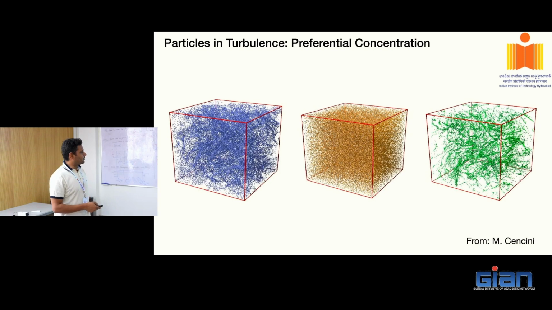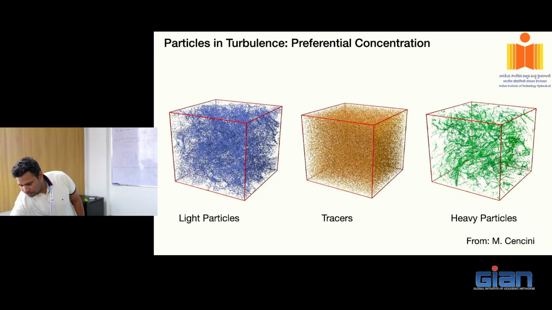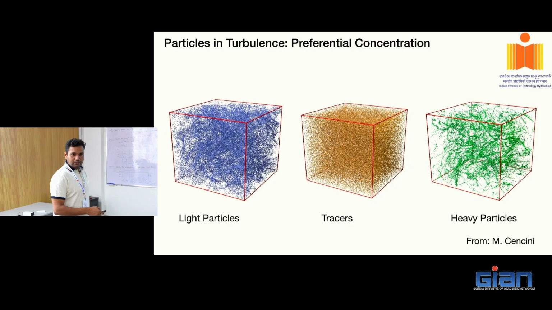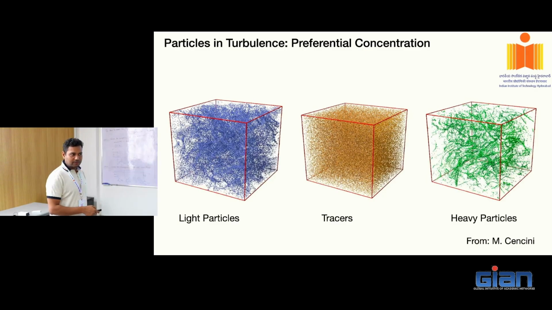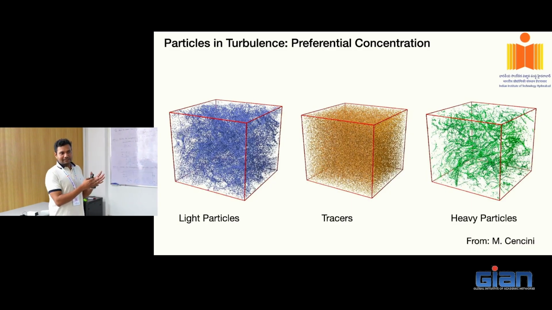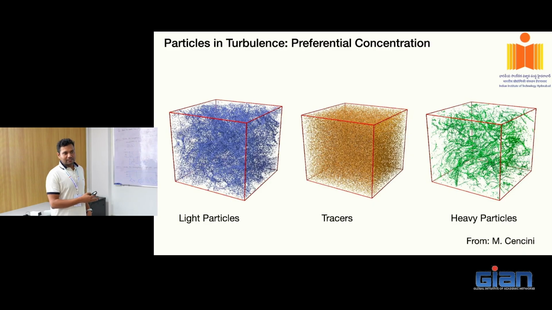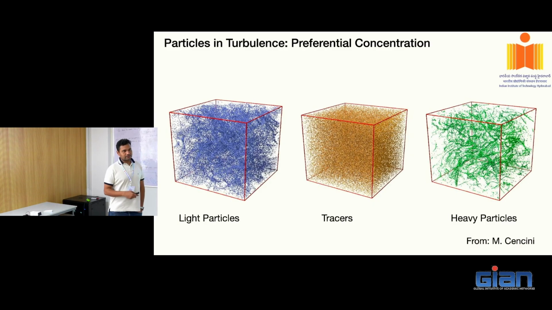If you have heavy particles, all the particles are going to be clustered in the strain dominated region. Of course the background flow has not been shown, but it has been quantified in a statistical sense. In the case where the particles are light, they are going to be clustered in the vortical region. So you can see that these are attractors which are short-lived, and the life of these attractors is going to be the lifetime of these vortical and strain dominated regions.